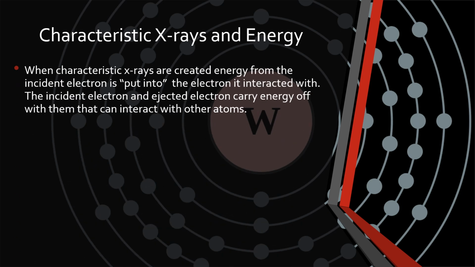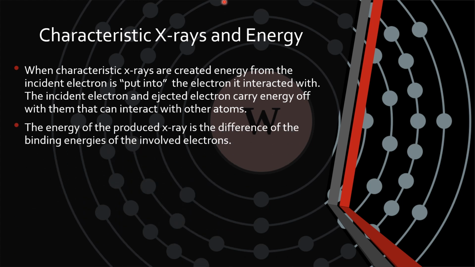So now we'll talk about characteristic X-rays and energy. When characteristic X-rays are created, energy from the incident electron is put into the electron it interacted with. The incident electron and ejected electron carry off energy that can interact with other atoms. The incident electron comes into the target of the anode, interacts with an electron, puts energy into it, and this electron gets ejected and carries off energy.